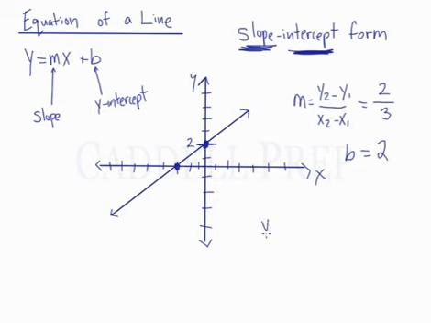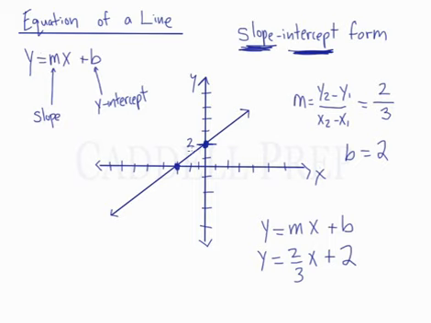So if we write down the equation of a line, y equals mx plus b, we have y equals m, which is 2/3, so 2/3 times x, plus b, which in this case is 2, so plus 2.